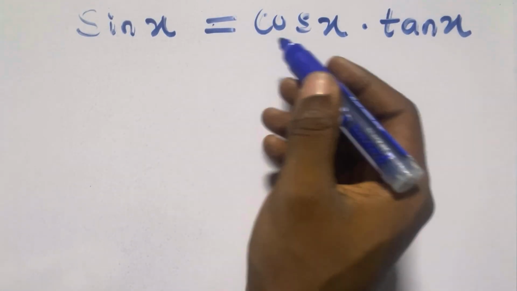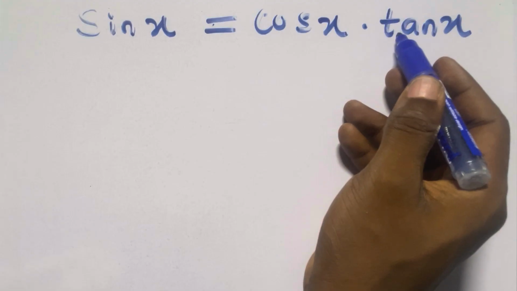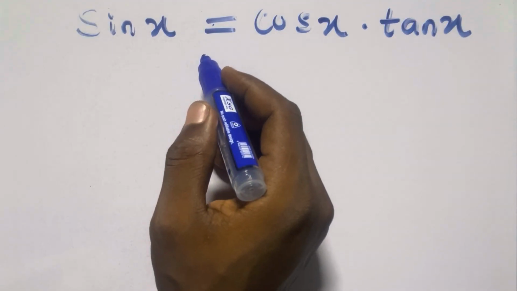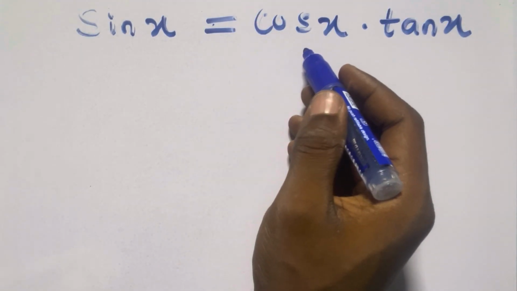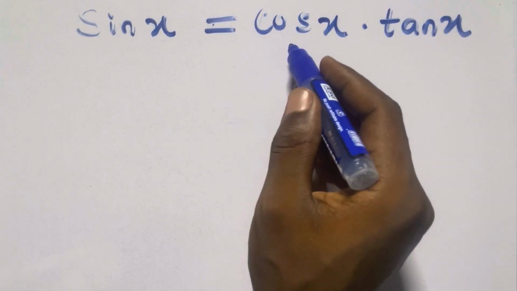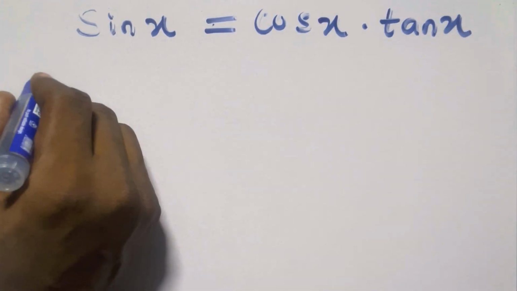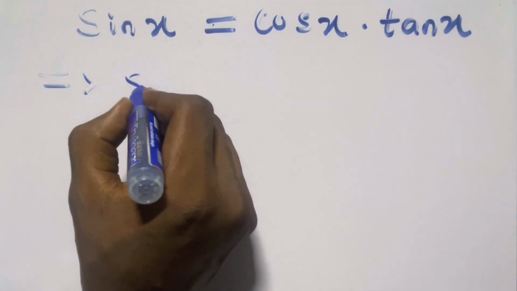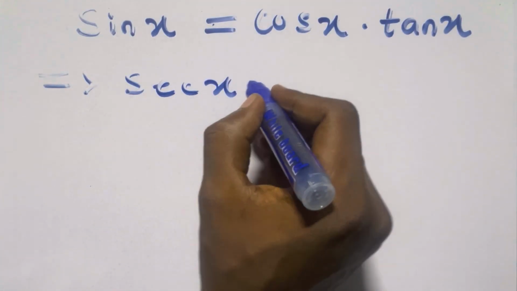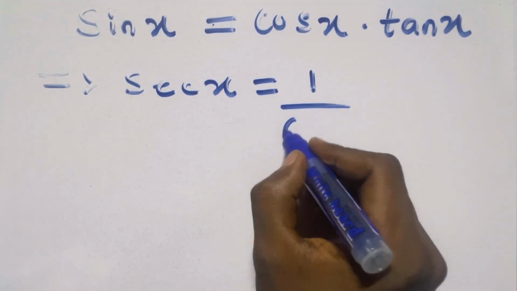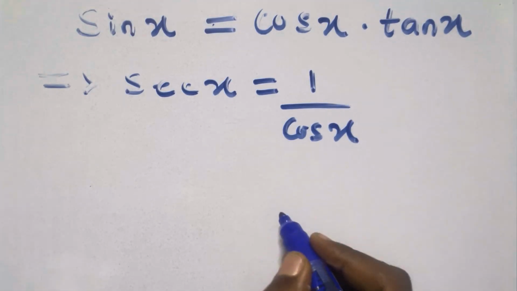So not cos x. We only got tan x and the other one sec x, right? So not cos x. To get cos x, we recall that sec x is equal to 1 divided by cos x. I hope you remember.